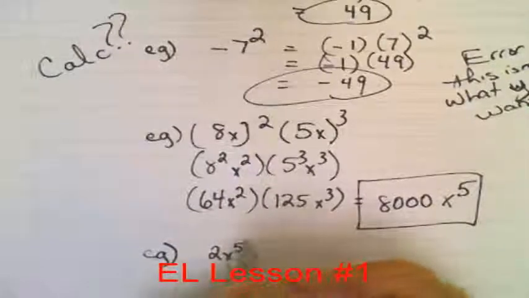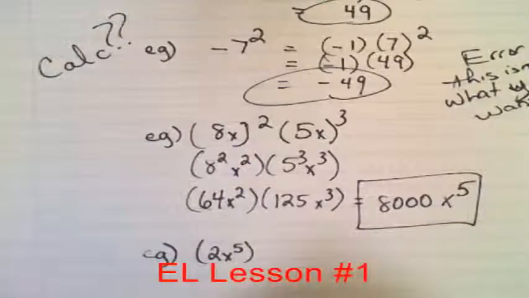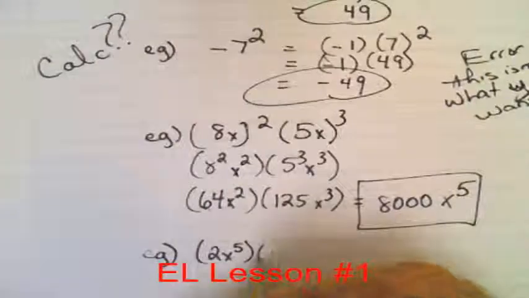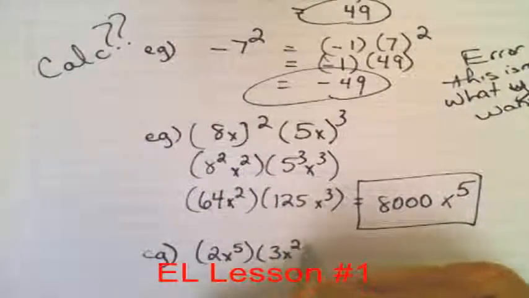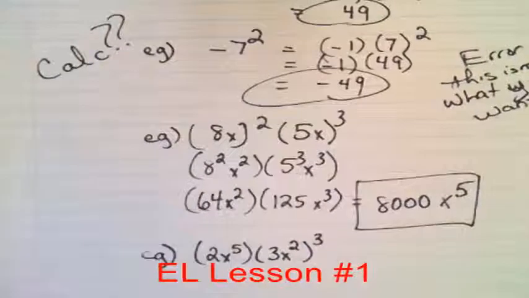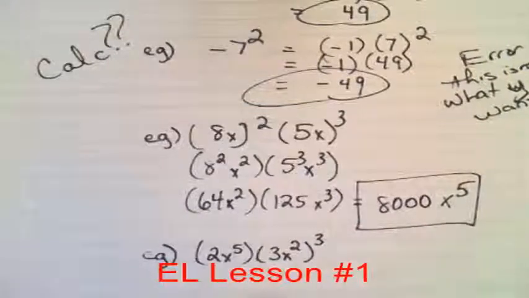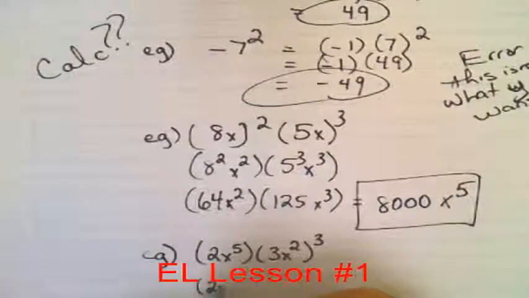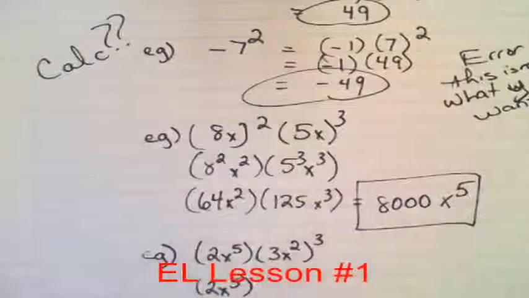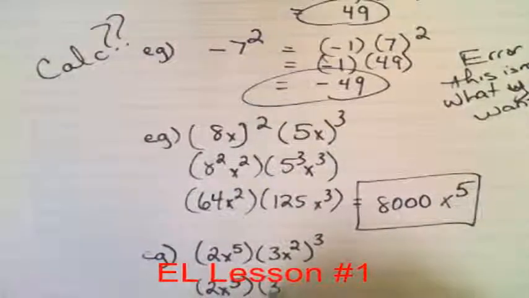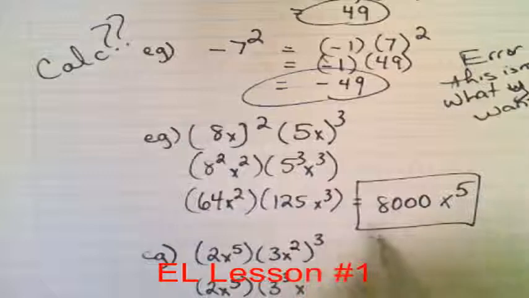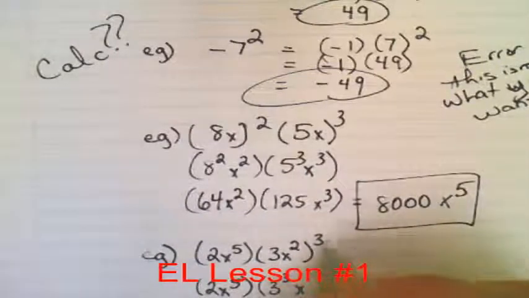Looking at ones like this, e.g., I've got 2x to the fifth, all in brackets, no exponent. But here I've got 3x squared and then cubed for the whole thing. So in the first one, there's no exponent to an exponent. So that's good. That's happy. In this case, it's 3 cubed times x squared cubed.